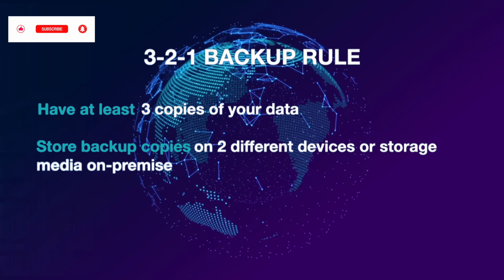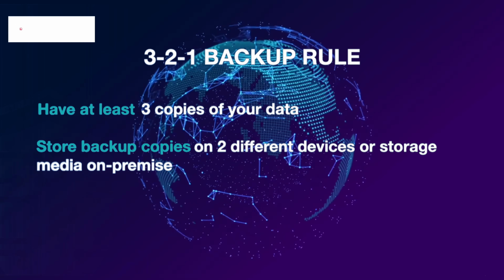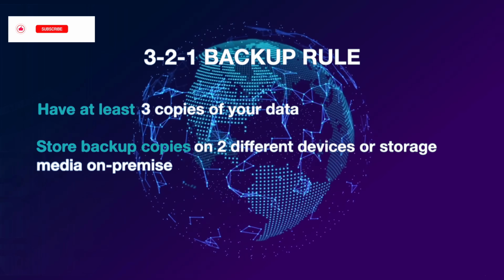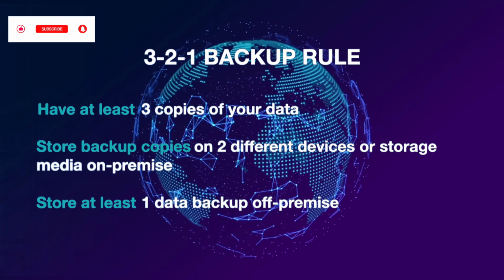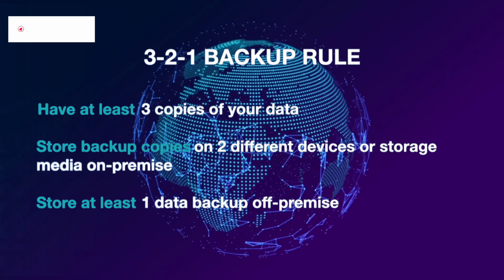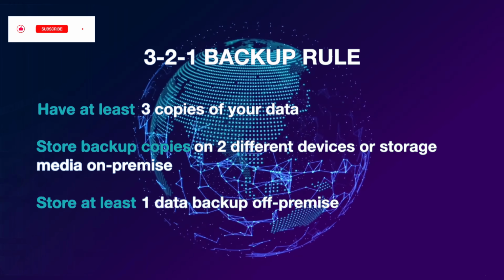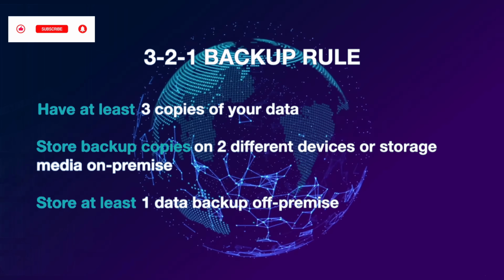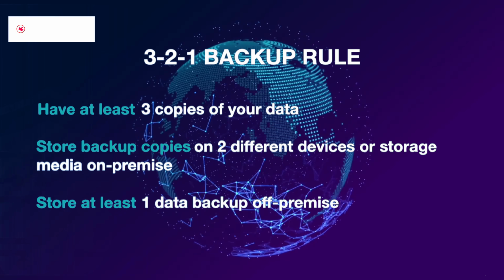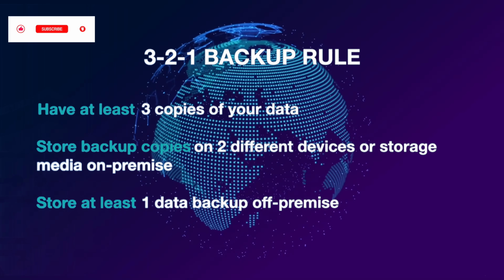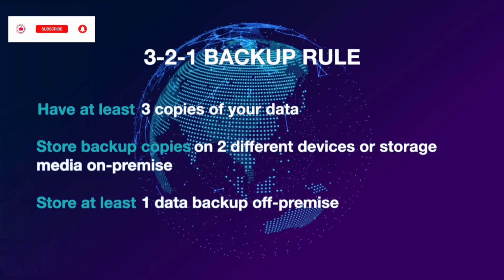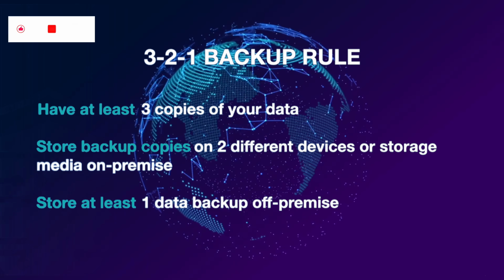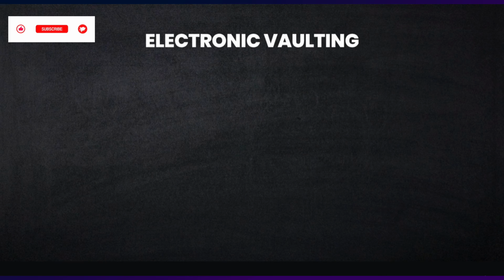So we have 2 copies on premises and 1 copy off premises, for a total of 3 copies or more. You are welcome to do as many as you want, but the 3-2-1 rule recommends 3 copies, 2 different storage devices and 1 off-prem.